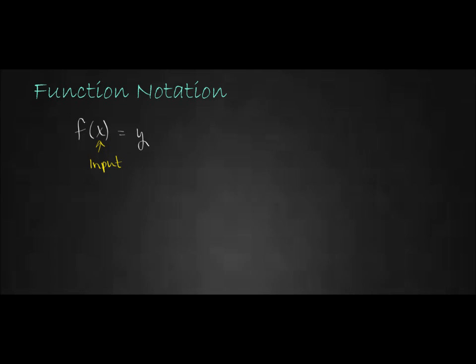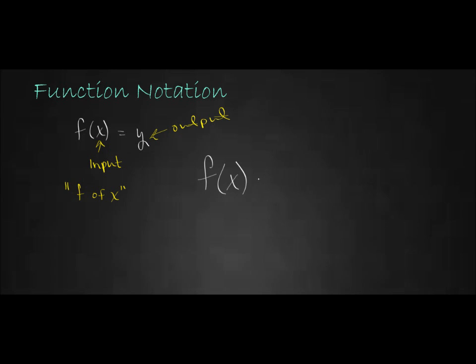If I plug this into my function, which is why we call this an f of x, whenever we read that, we are going to get an output as an answer. Now, it might help you to go ahead and see an example.